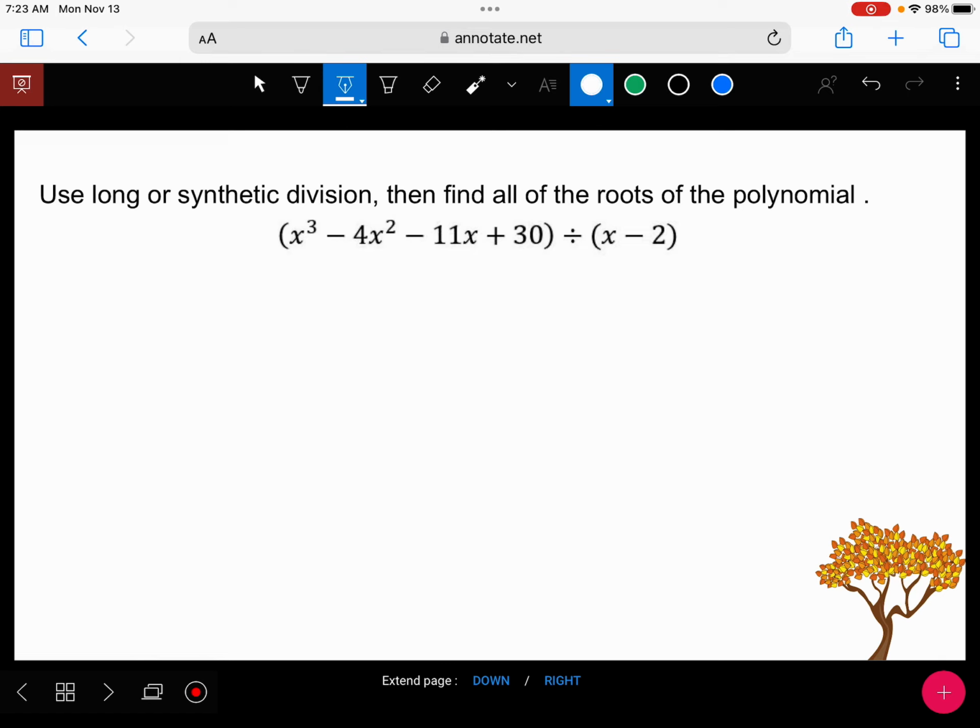And it says you can use long or synthetic division. It does not matter. Synthetic division is shorter and faster. The way I tend to lean, because it's short, it's fast, it's simple. We love it. But if you're not comfortable with synthetic division, you don't have to use it. You can do long division.